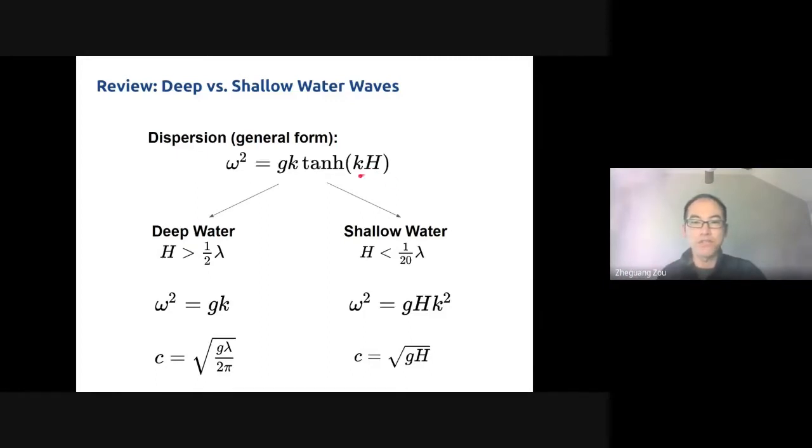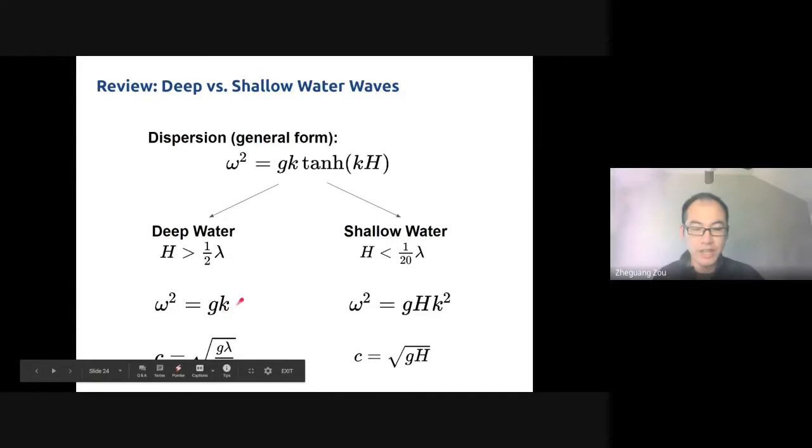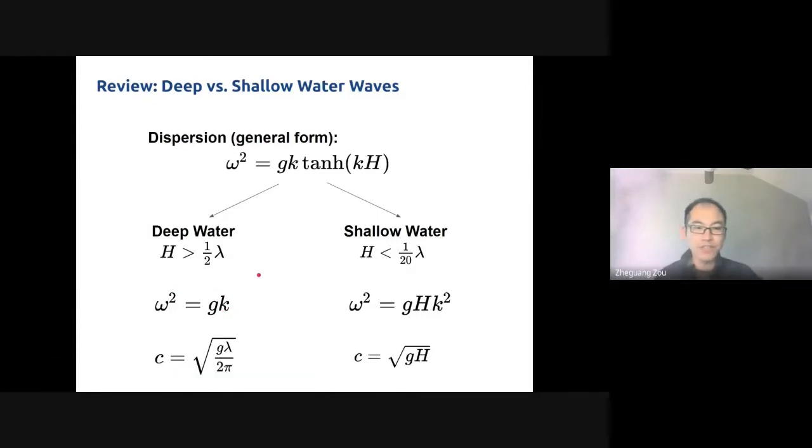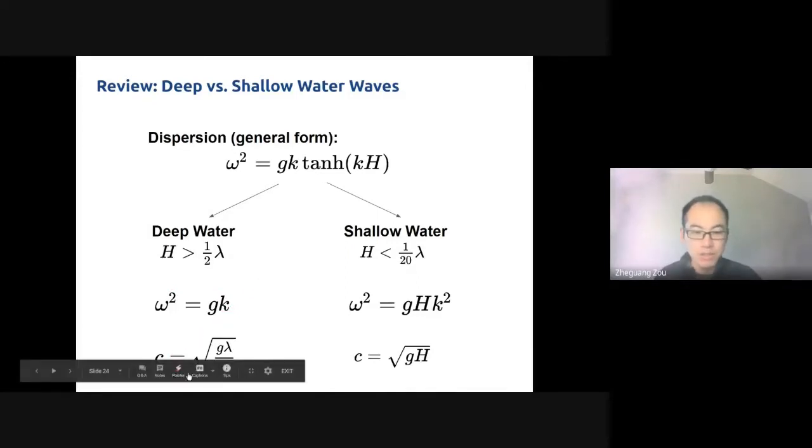Tanh of infinity goes to 1, and that will give us omega equals gk. And you can further figure out c, because c just equals omega divided by k. So c equals square root of g over k in this case.